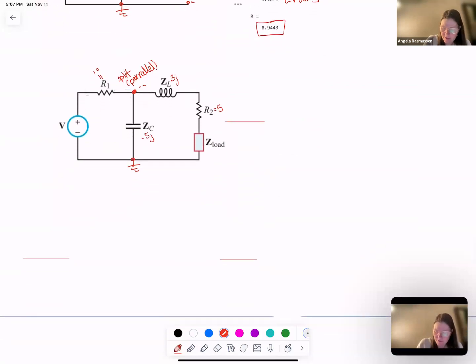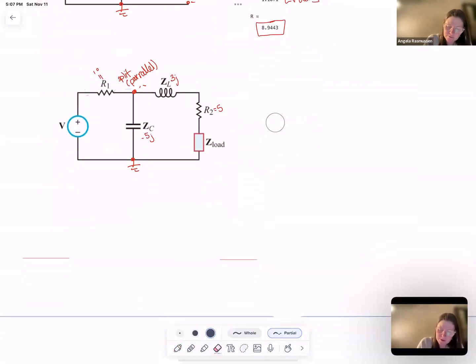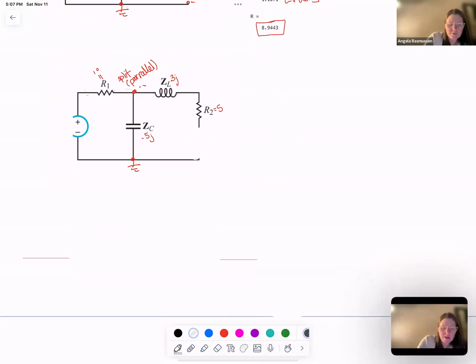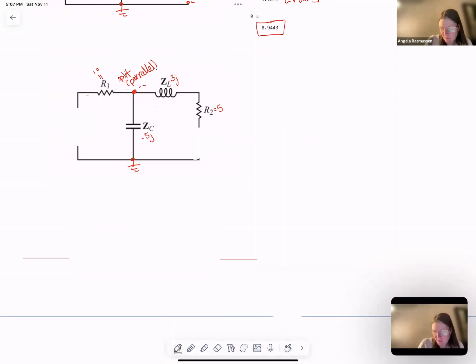Before I find the average power, I want to find RTH. To find RTH, again, remove the load and remove any independent sources. In this case, the independent source is a voltage, so it's going to be a short.